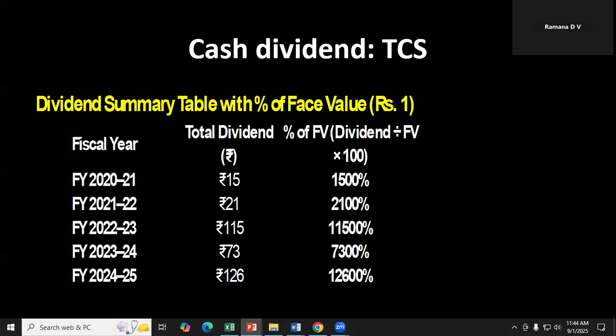Now let us see another company which has been regularly paying dividend, TCS. In the last 5 years, we can see that the dividend per share has gone up from 15 to 126. Face value is 1. So as a percentage, the rate of dividend has gone up from 1,500 to 12,600%. TCS has been regularly paying dividend, and the amount of dividend as a percentage and absolute amount keeps on rising.